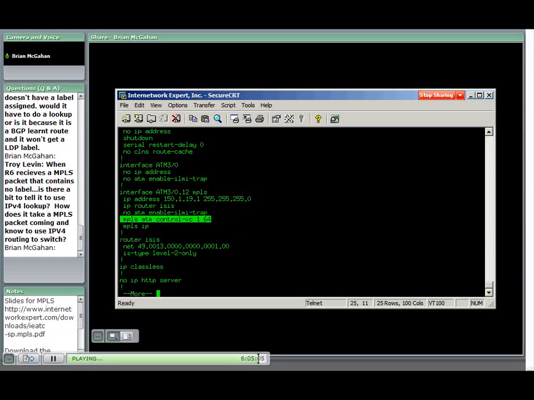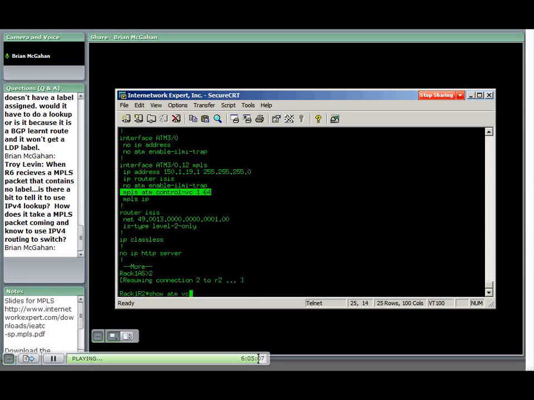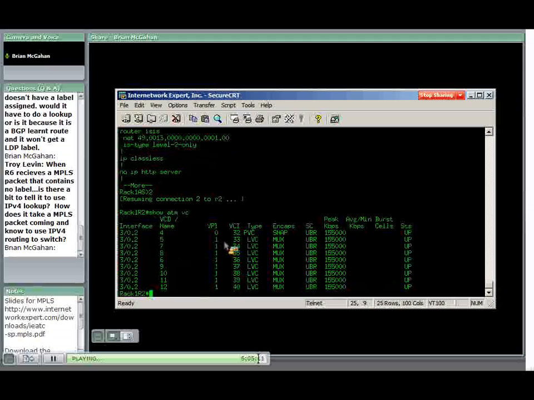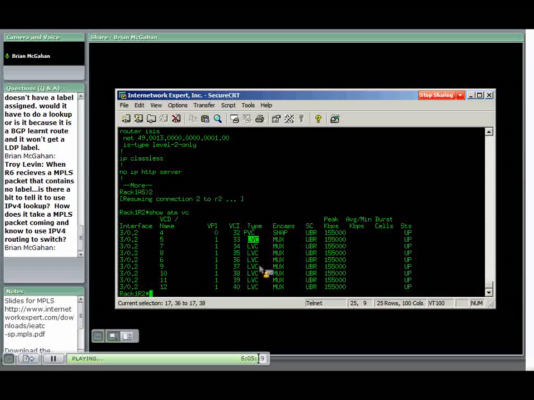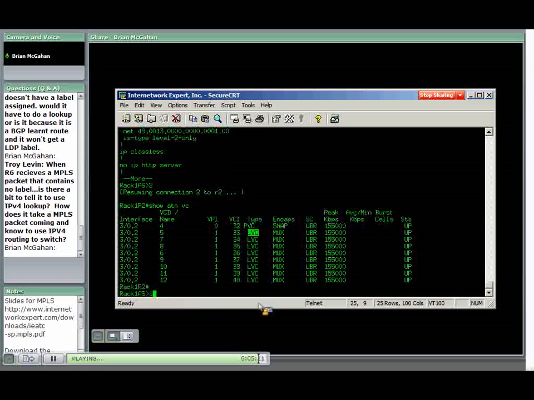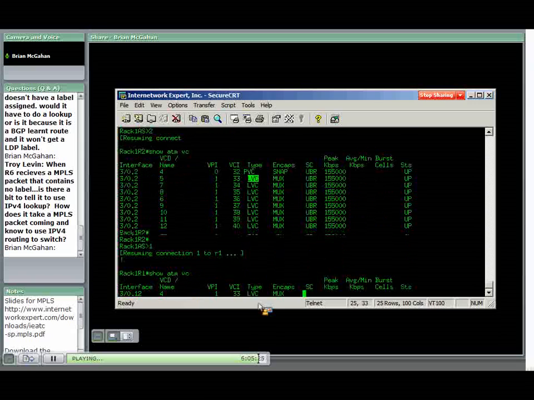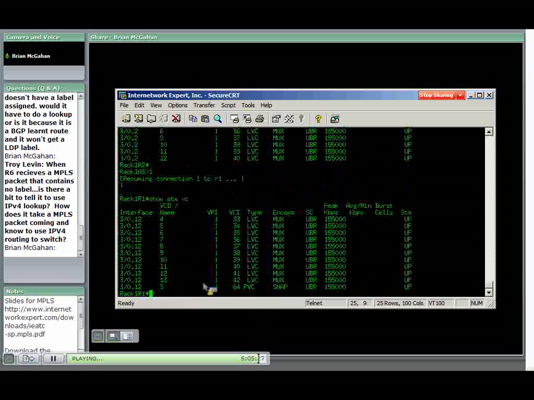So instead of using an MPLS label, we're using the VPI and VCI to dynamically determine where it's going to go through the ATM network. Essentially, if we had tons of ATM switches and we enabled cell mode MPLS on all of them, it would automatically be a full mesh of all the virtual circuits, and based on the MPLS labels, we would be determining where it is being switched throughout the network.